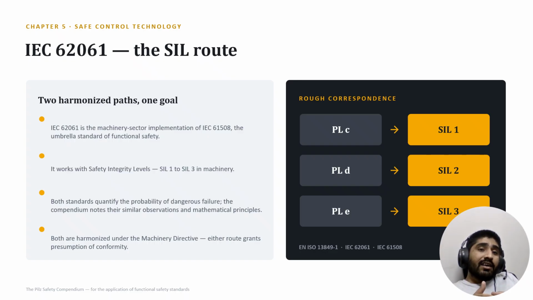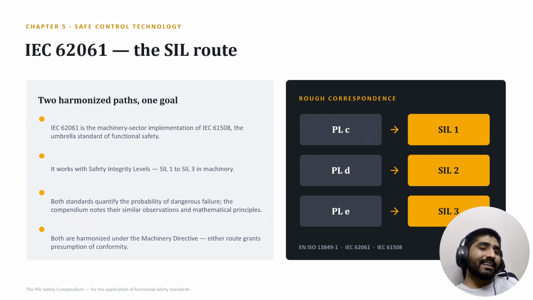So the philosophies cover both the quantities and the probability of a dangerous failure, and the compendium points out that their observations and mathematical principles are very similar. As a rough correspondence, PL c maps to SIL 1, PL d maps to SIL 2, PL e to SIL 3.